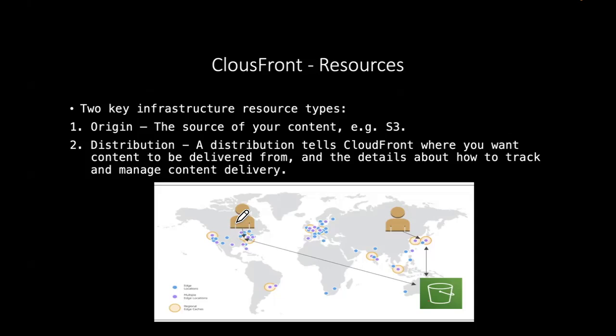If it does, it serves it to the user. If not, it goes back to the origin for the content, which is delivered back to the edge location server. It'll cache it and then serve it to the user. The benefit is that if any other user in this region wants to access the same website or web app, they will get a much quicker response because it's now cached locally here.